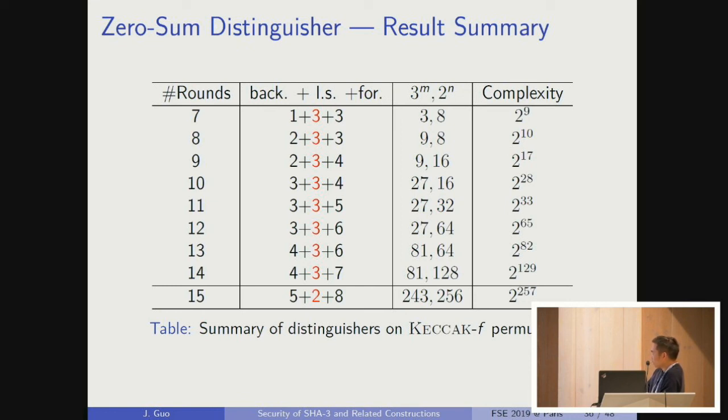Yeah. For the last one, 15 rounds, we can only use the 2-round linear structure because the degree is more than 194 here. So actually, we can attack up to 11 rounds practically, and we actually carried out the experiments on a general CPU.